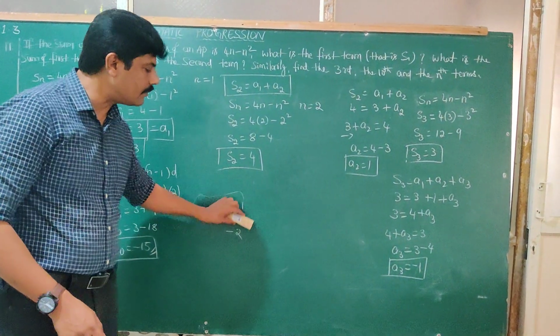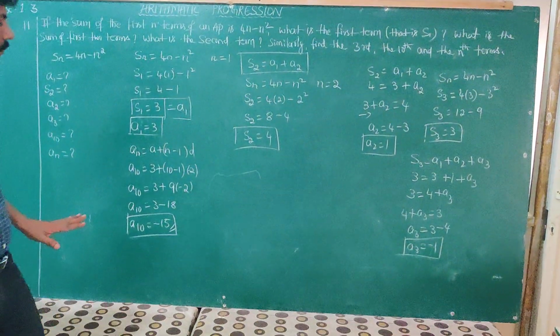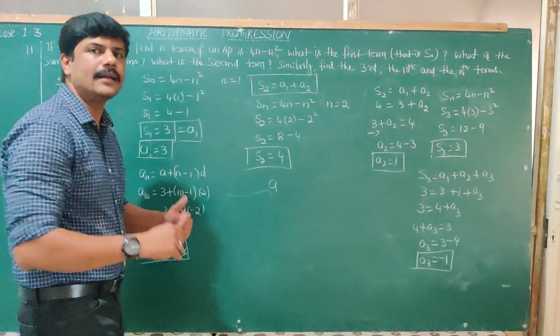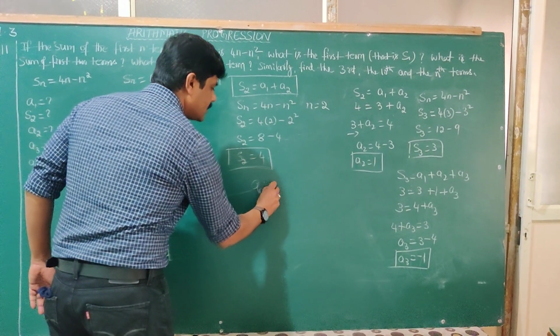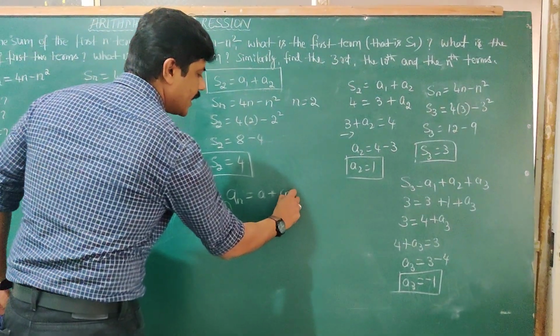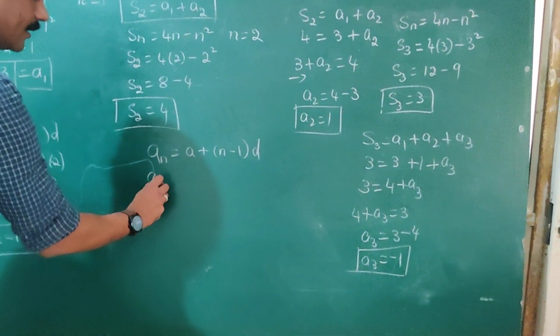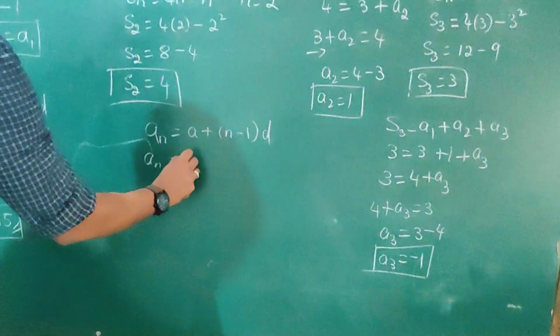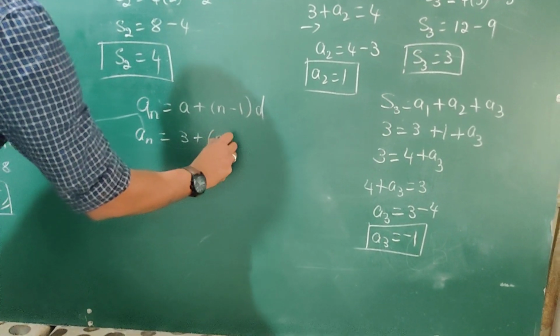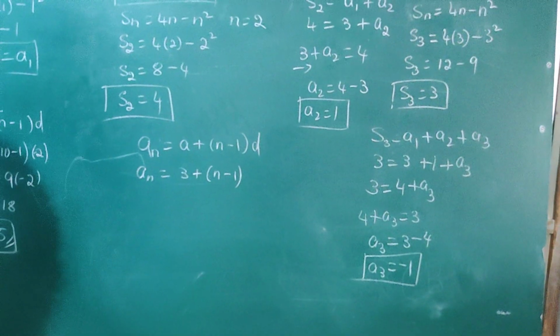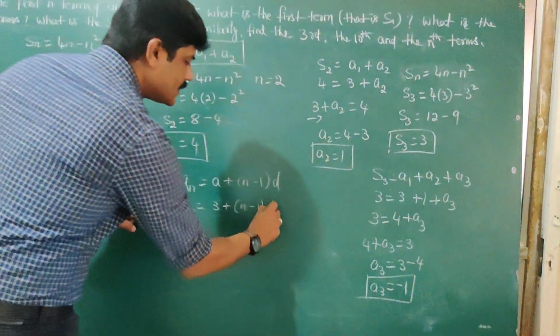To find the nth term, we don't want the n value at all. Just a and d substitute, that's enough. An is equals to a plus n minus 1 into d. An is equals to, first term is 3 plus n, no need to do anything because we have to find the nth term. d is minus 2.